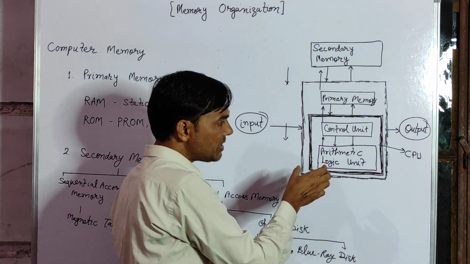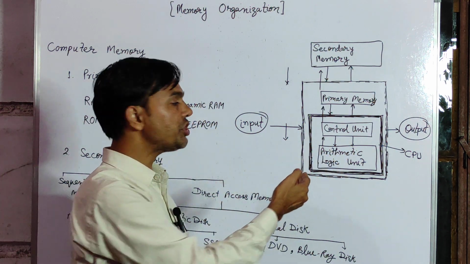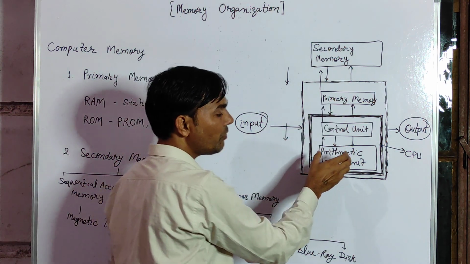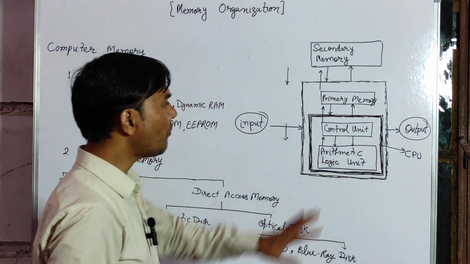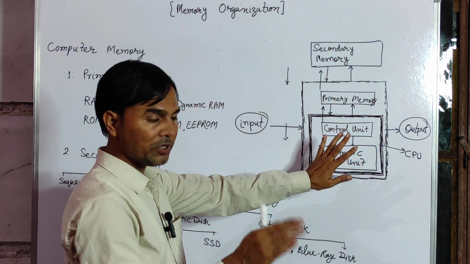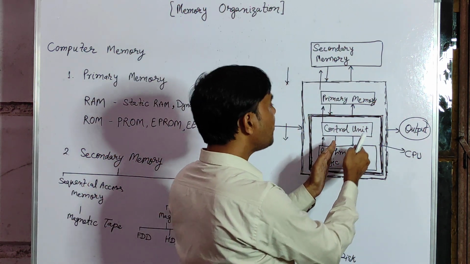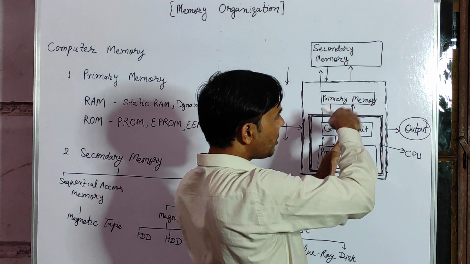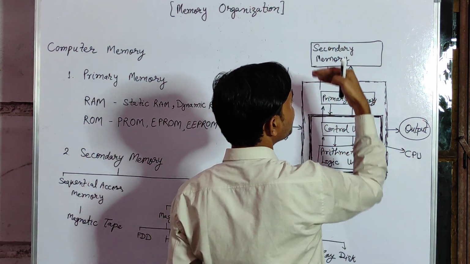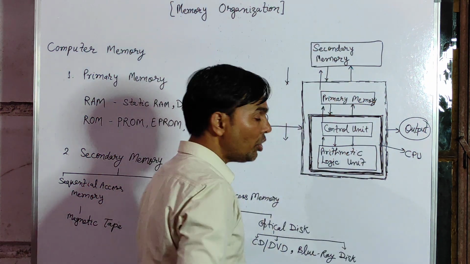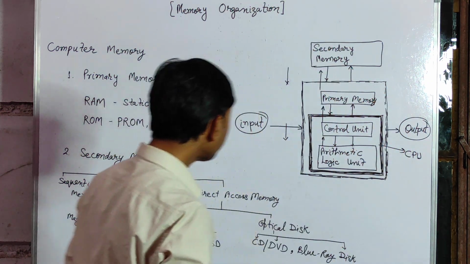If the requirement is related to arithmetic or logic operations, the data will be sent to the arithmetic logic unit, which will perform the operations as per the requirement. It will make the result and send it back to the control unit. The control unit again will decide whether to send it to the primary memory, to the secondary memory, or simply display it on the output.